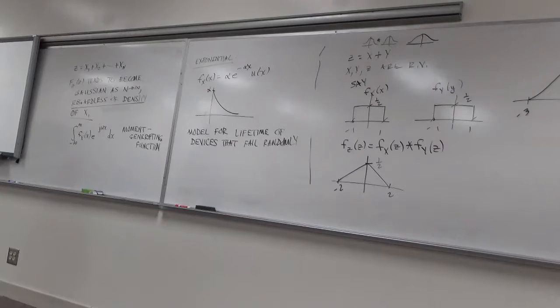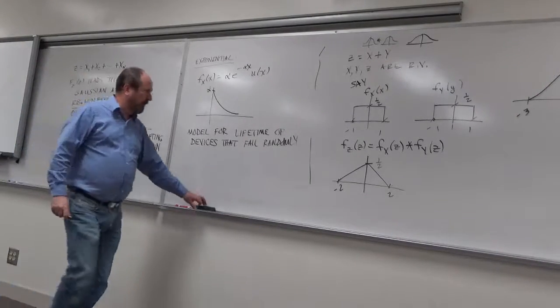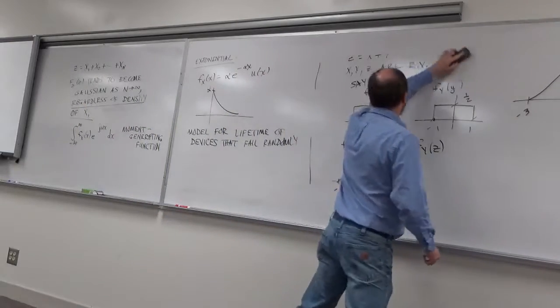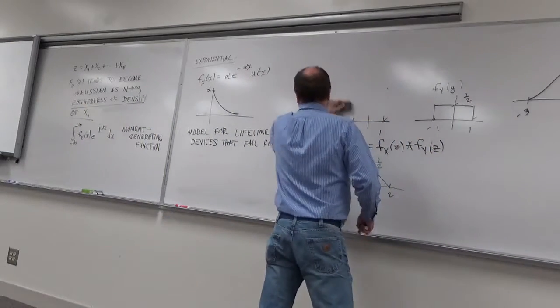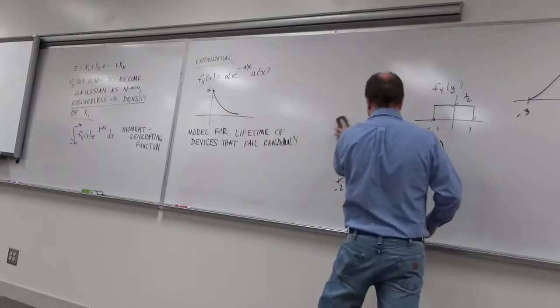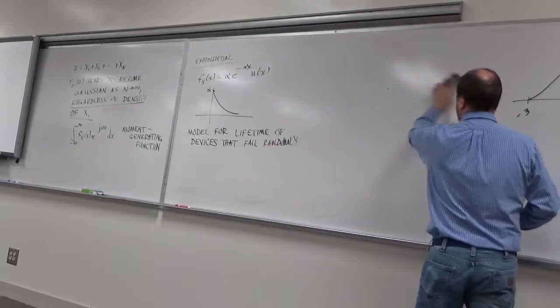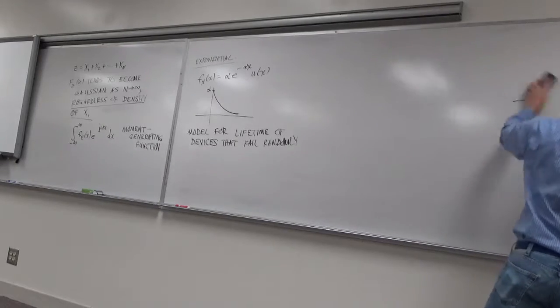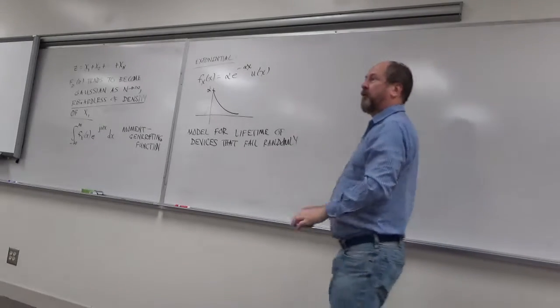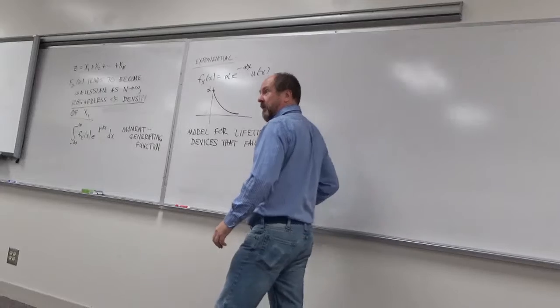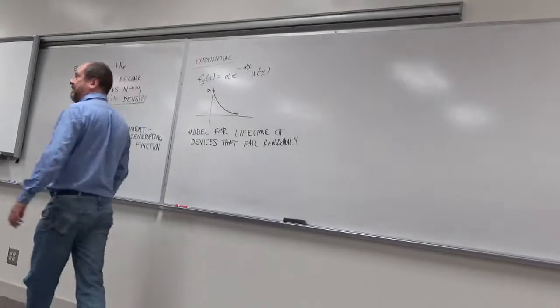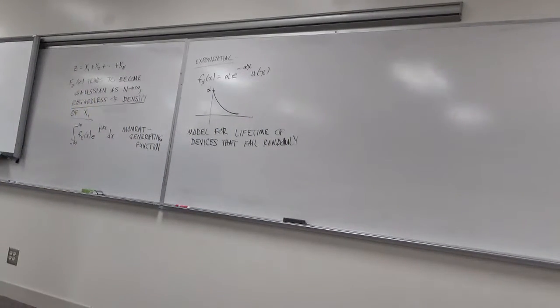Let me do a couple of examples here just to show you some conclusions from this. But do y'all see what I mean by totally random failures as opposed to wear items? Things that get old, that tend to break down with age or with wear, right?